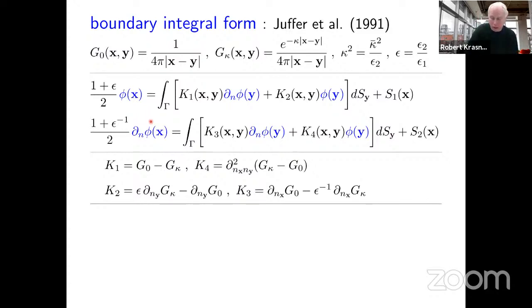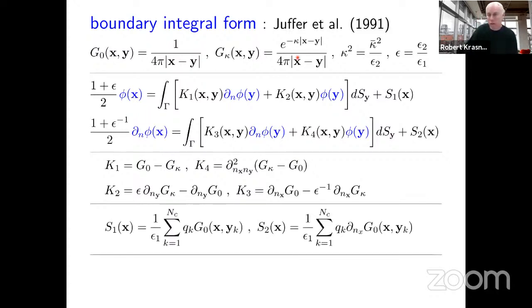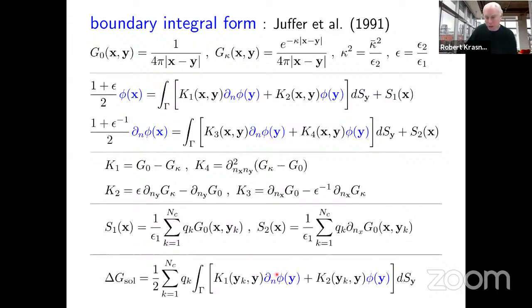The source terms that appear over here come from the discrete charges, and this is a normal derivative on the interface, at a point on the interface. So it's a coupled set of integral equations to solve for phi and the normal derivative. And then once you've got those quantities, you evaluate this integral and you get the solvation energy this way.